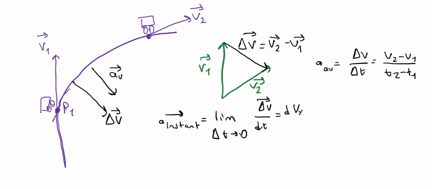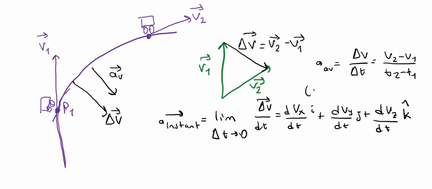Nothing is changing: dVx over dt i plus dVy over dt j plus dVz over dt k. This is the same as x, y, z.